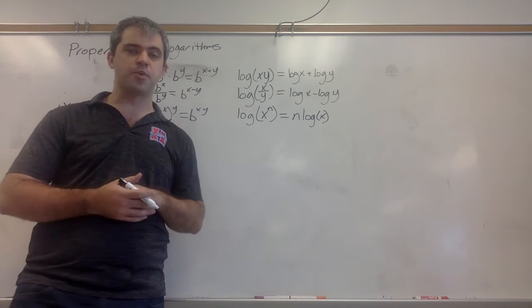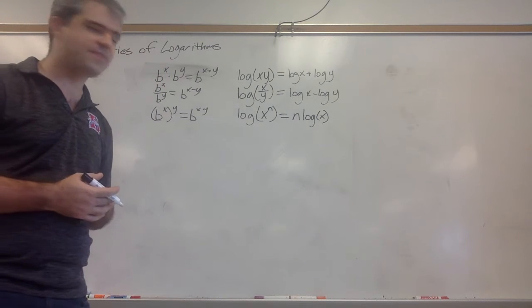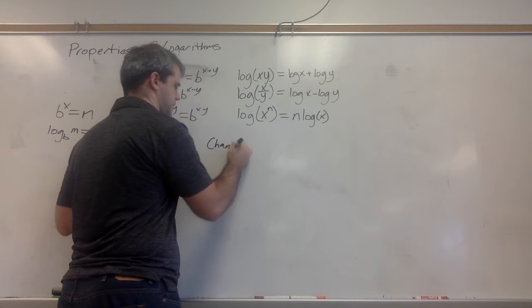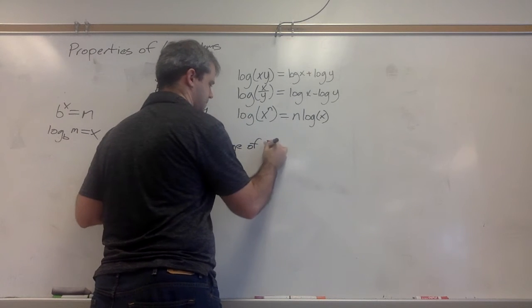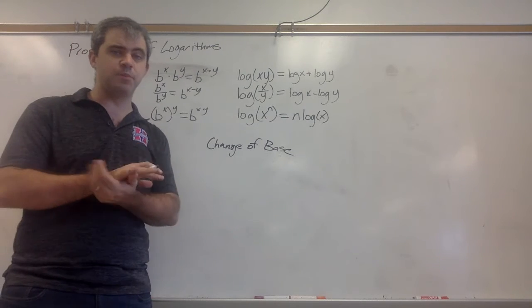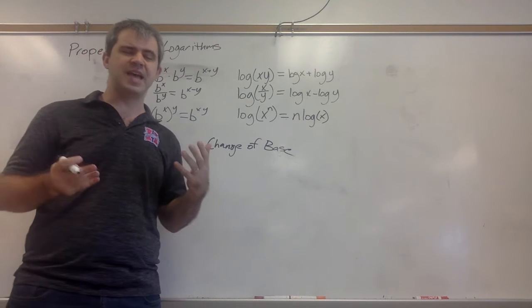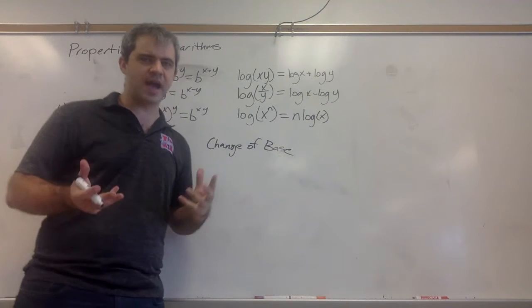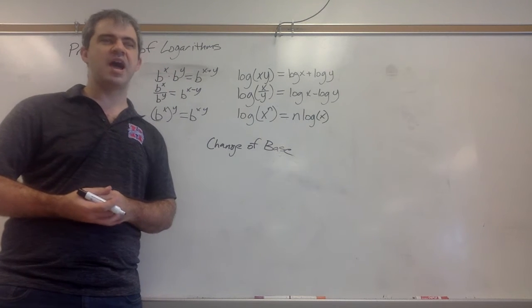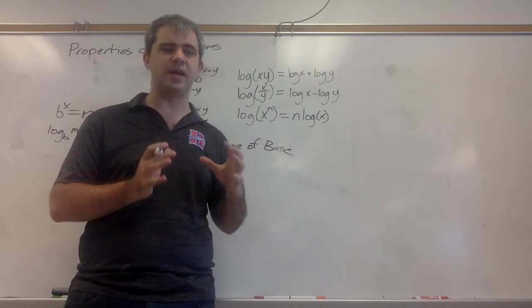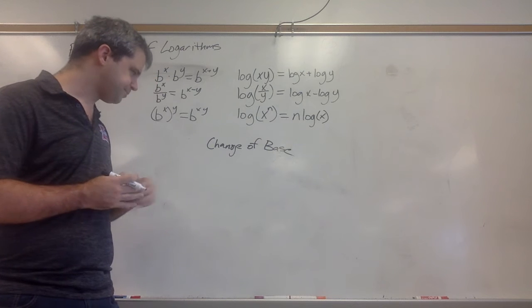Now there's one other property I need to show you, and that is the change of base formula. Now this guy used to be really, really important because it was really hard to do logs. We didn't have sophisticated calculators, and even when we started to get calculators, it was still really hard to solve these guys.